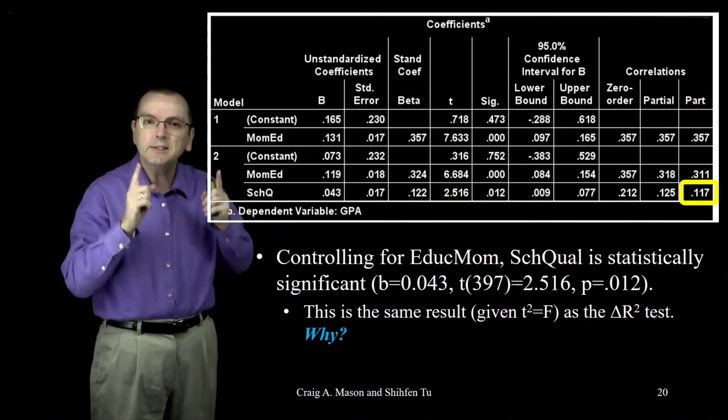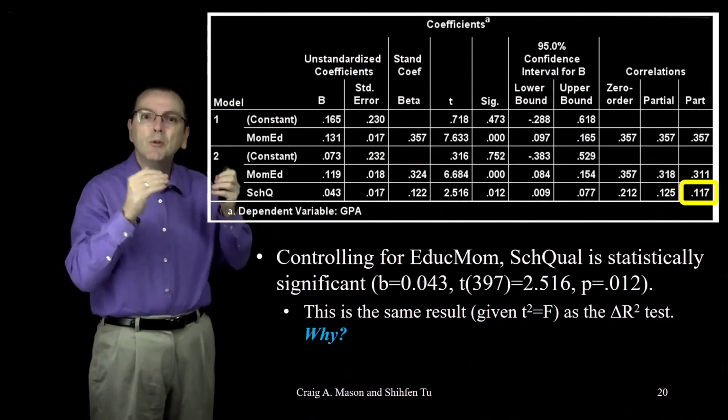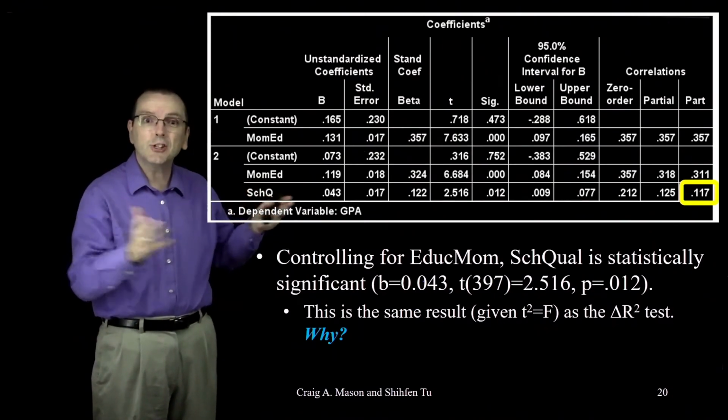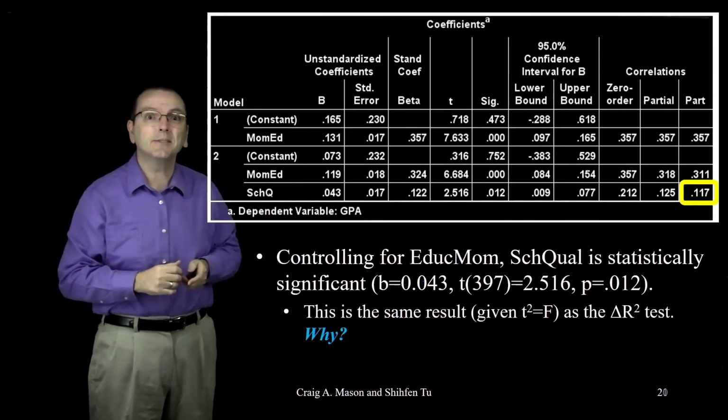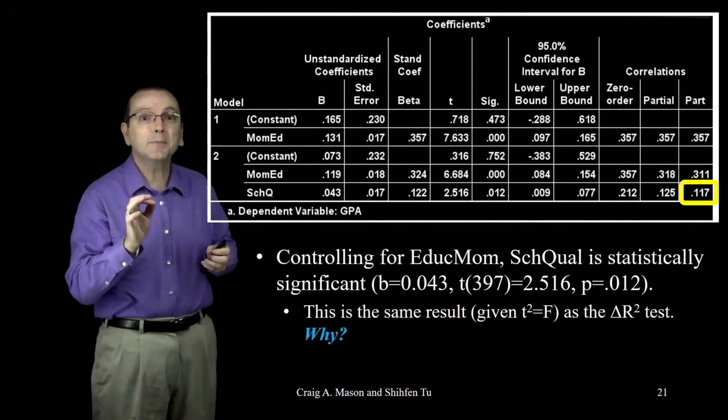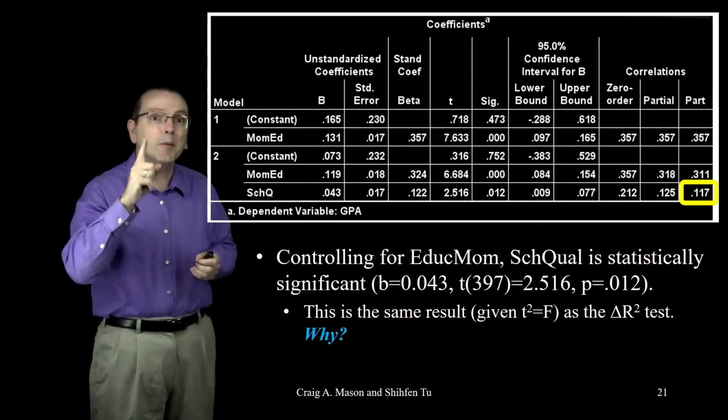They're both the same thing. They're both the unique effect of school quality controlling for mother's education expressed as a variance. Pretty cool, isn't it? Now, this only works because we've added a single variable.